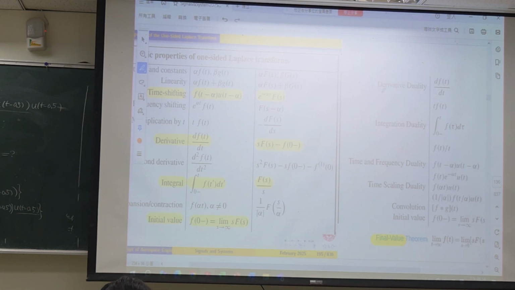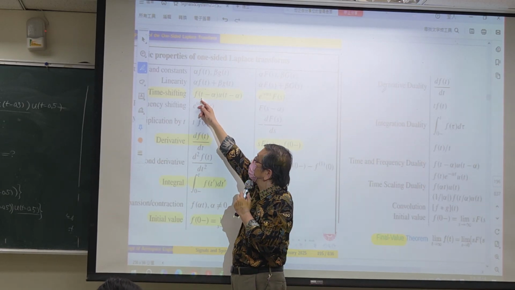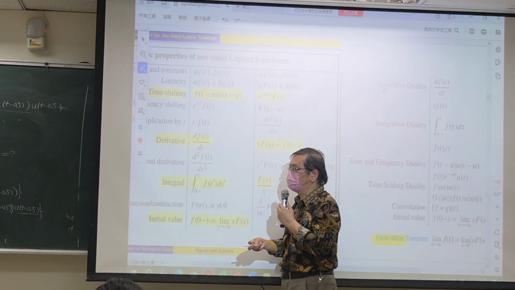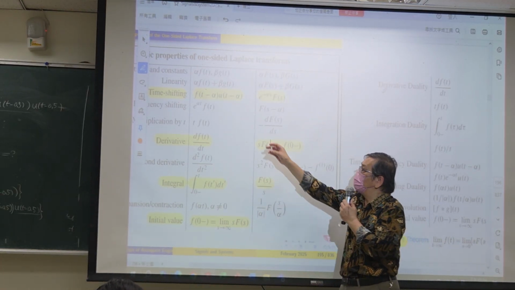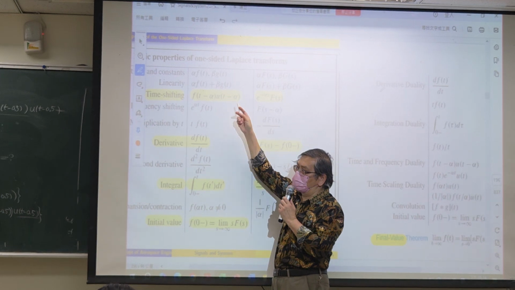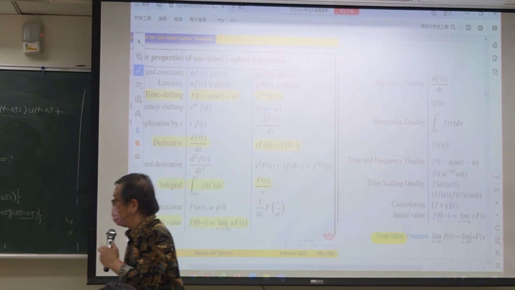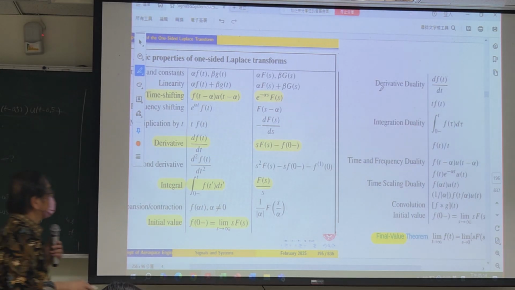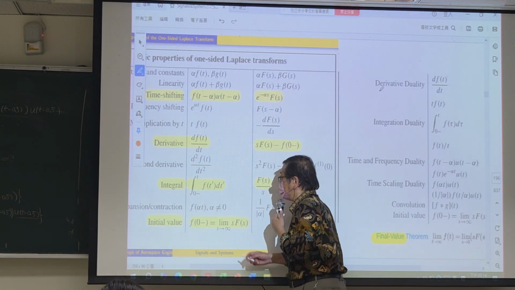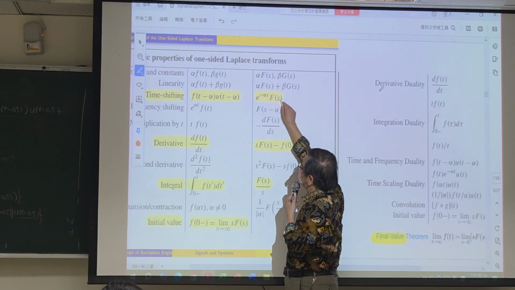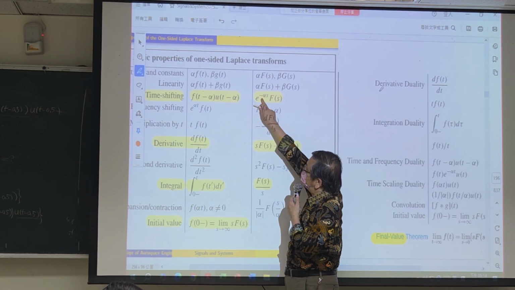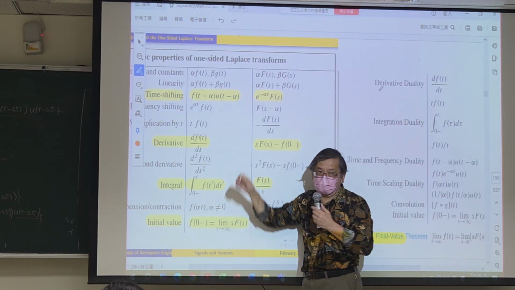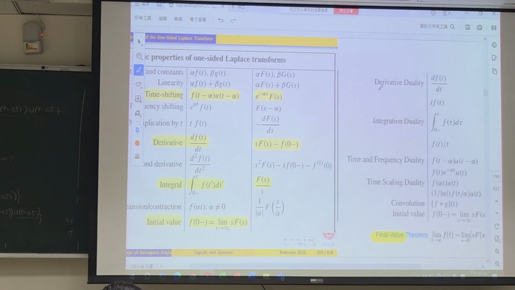It says that if I have an alpha second shift in the time domain, and I also multiply by the unit step with the shift, then the Laplace transform is the Laplace transform of f of t times e to the negative alpha s. So this is the time shift in the s domain.